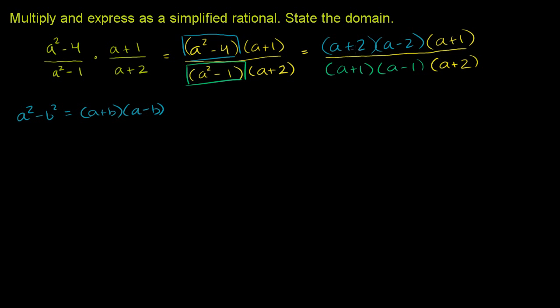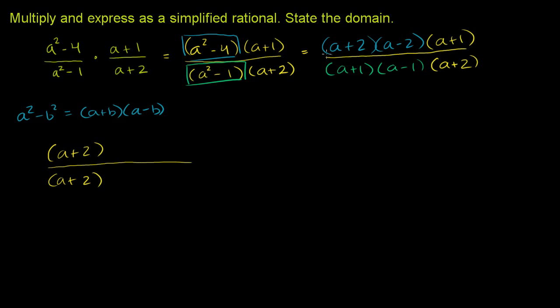So we've multiplied it, we've factored the numerator, we factored the denominator. Let's rearrange it a little bit. Let's put the a plus 2's first in both the numerator and the denominator. So we get a plus 2 in the numerator, and in the denominator, we also have an a plus 2.